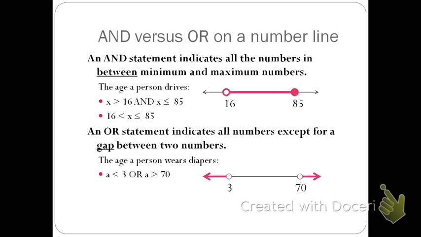So what would that look like then on a number line? An and statement indicates all the numbers in between two endpoints, or in between a maximum and a minimum value. So for example, the age a person drives. Well, you have to be greater than 16. You actually can't get your driver's license on your 16th birthday, so that's why the circle is open.